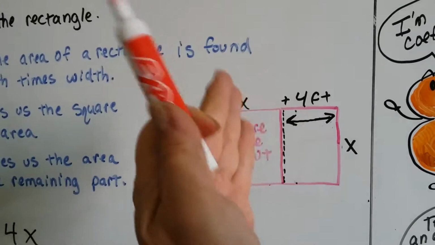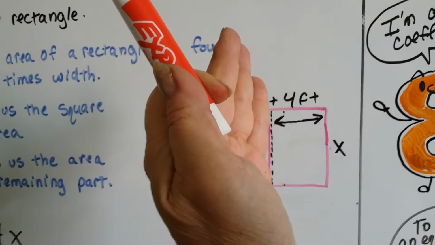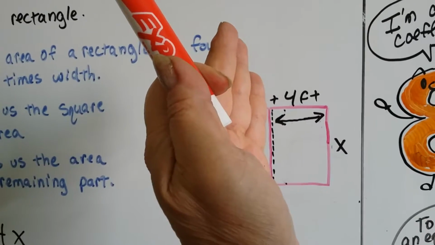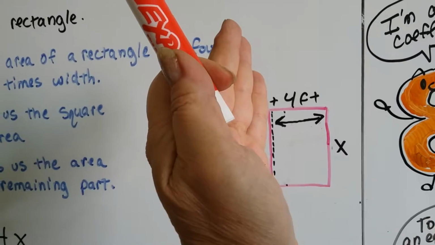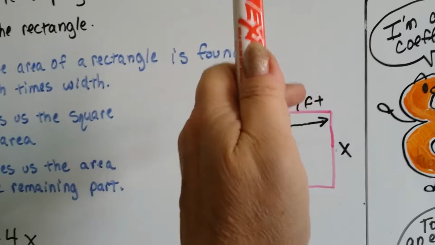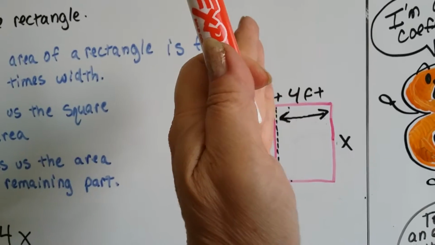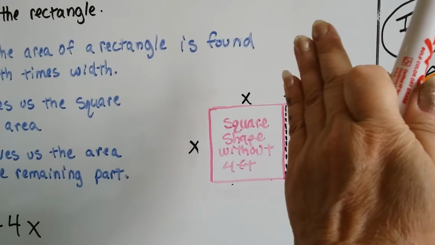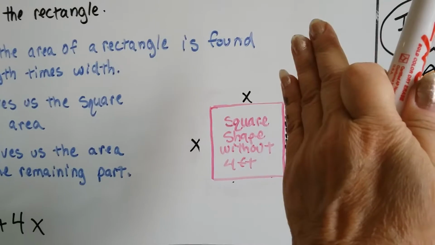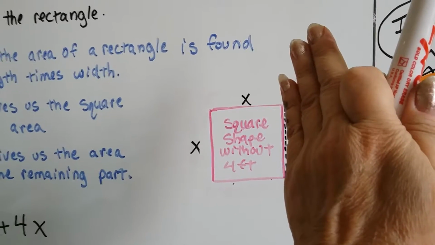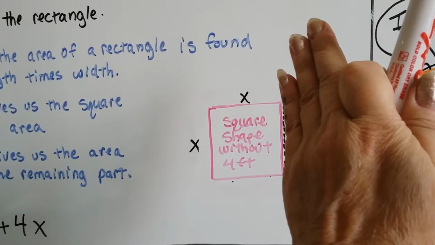So if you were to just look at this section, it would be 4 feet times x, wouldn't it, for the area? Because area is length times width. So if this part is 4 feet, and that's x, 4x would be the area for that part. And if that's making a square, then x squared, x times x, would be the area of that one.